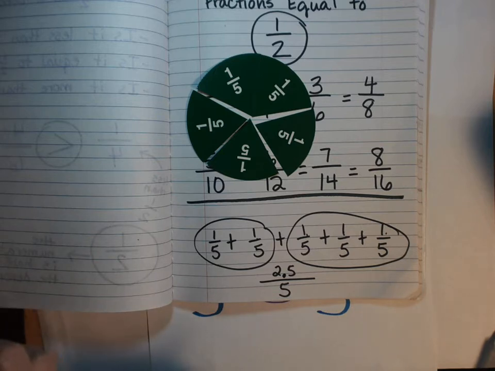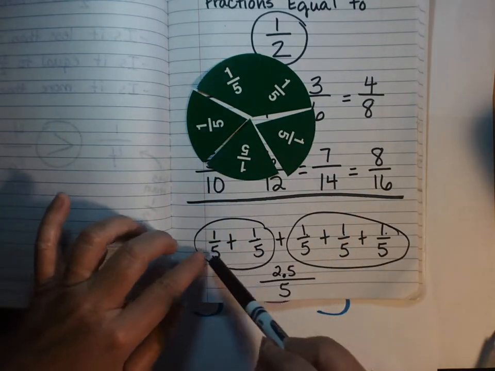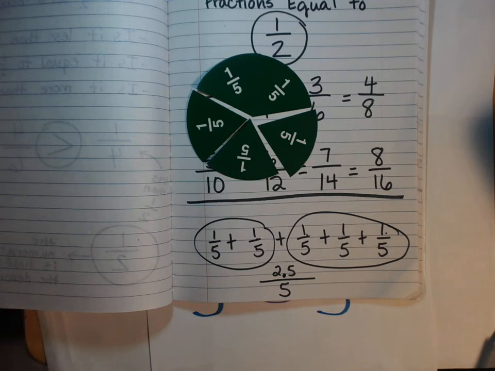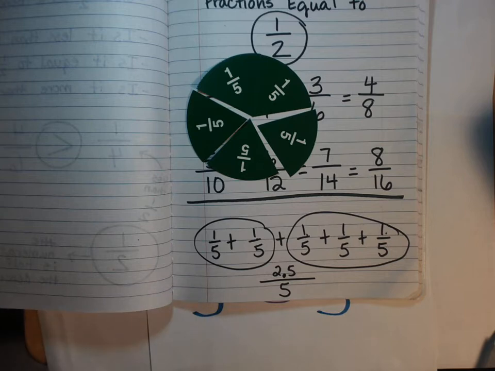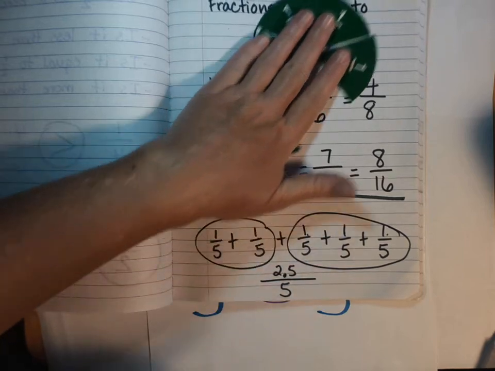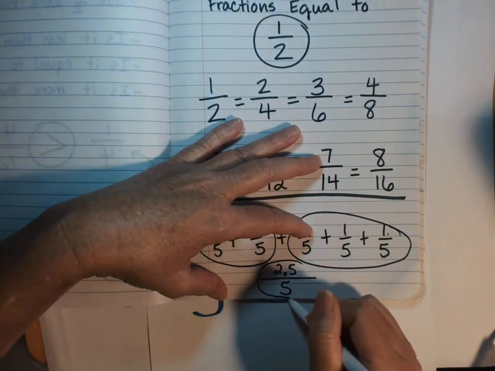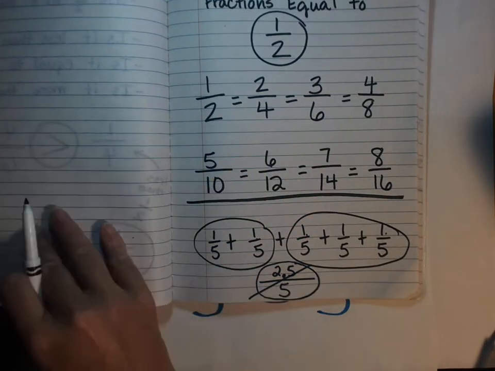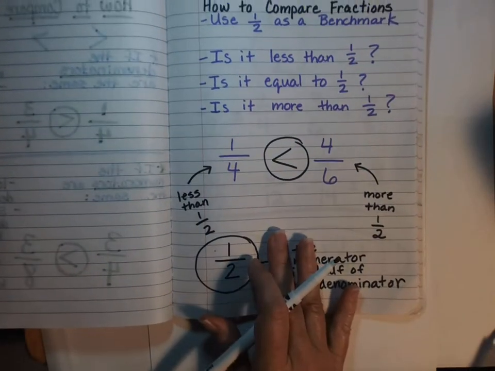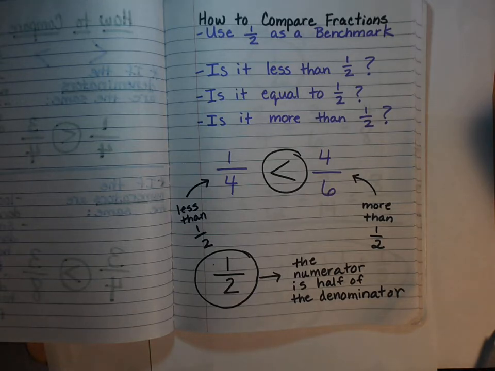If you have 2/5, you know that's going to be a little bit less than a half. If you have 3/5, you know that's going to be a little bit more than a half. So you can still think of it that way. You're not ever going to write a fraction like this. That's just an example of what to think of when we are using 1/2 as a benchmark. Let's get to some examples.